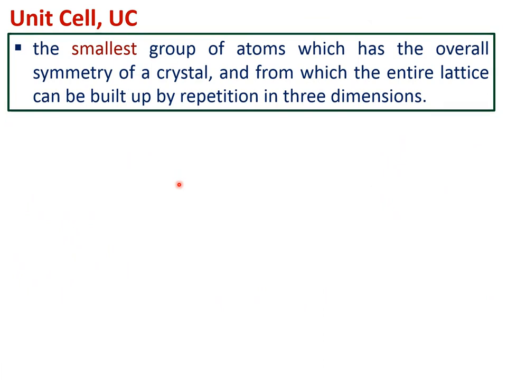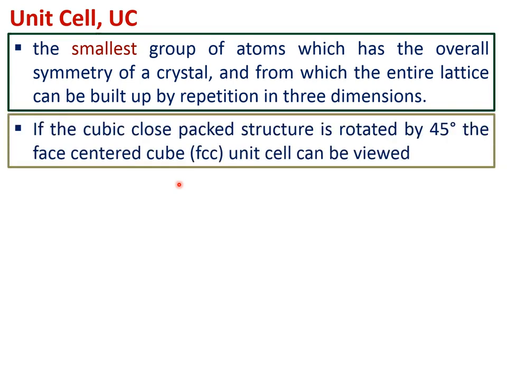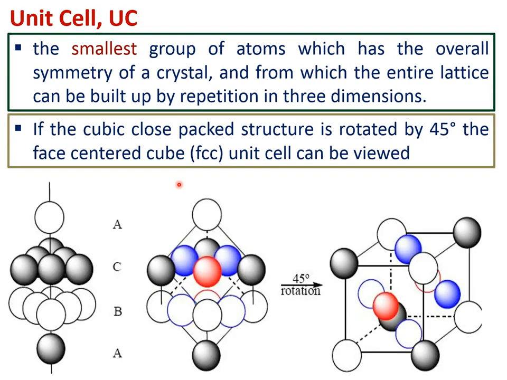Okay, so the unit cell actually is the smallest group of atoms which has the overall symmetry of the crystal, and from which the entire lattice can be built by repeating in 3 dimensions. For face-centered cubic, this is the smallest repeating structure, which is CCP or face-centered cubic.